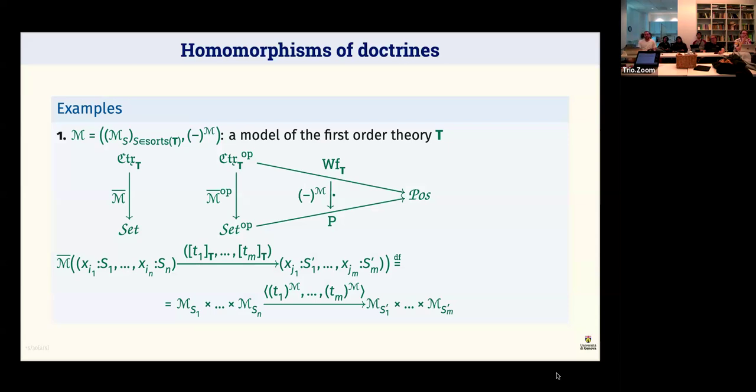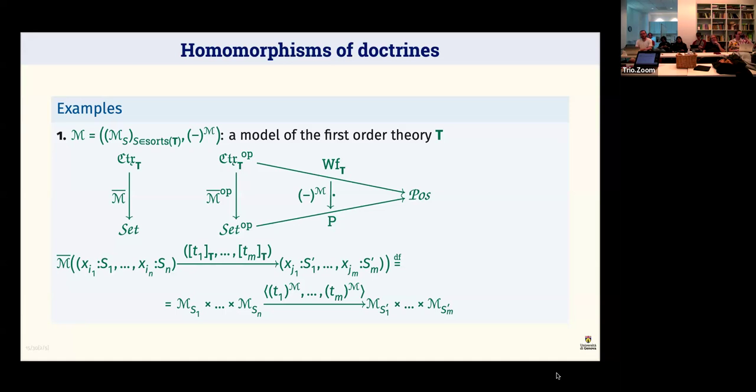Again, take a theory in first-order logic and a model, not an interpretation, a model of that theory in the category of sets. The theory is multi-sorted, so I'm considering a model as a list indexed by the basic sorts S of the theory, of sets M sub S, together with an interpretation for the operation symbols and the relation symbols.